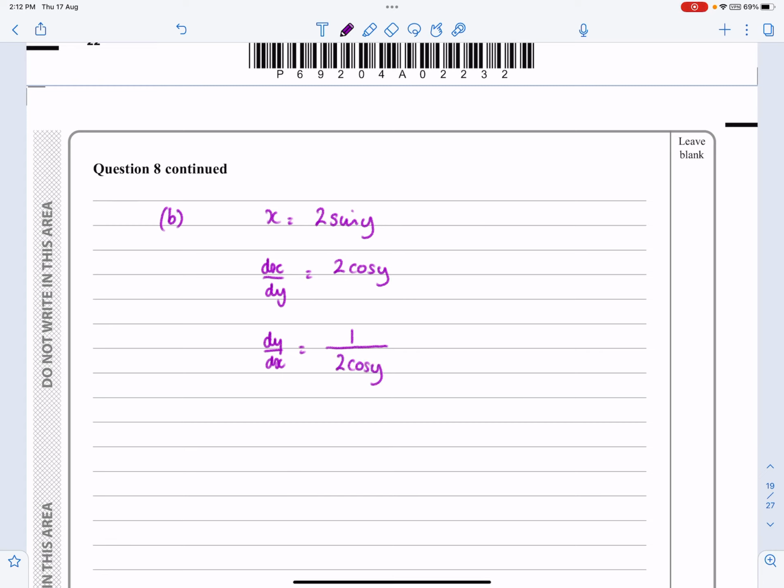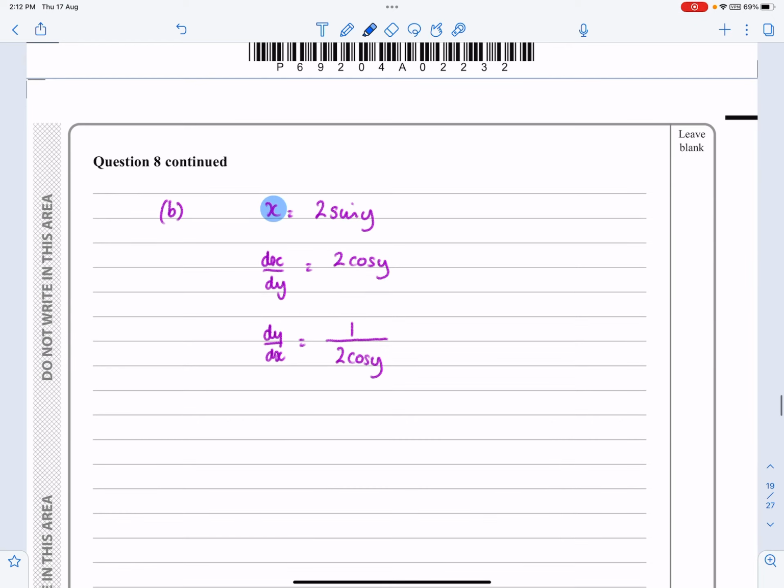But the answer that they want involves x's and not y's here. So what we need to do is to get x up here from cos y down there. And it's not anything new, it's not anything that I don't know what to do. I'm going to be using the fact that sine squared theta plus cos squared theta equals 1.